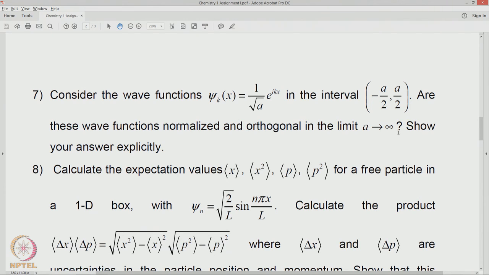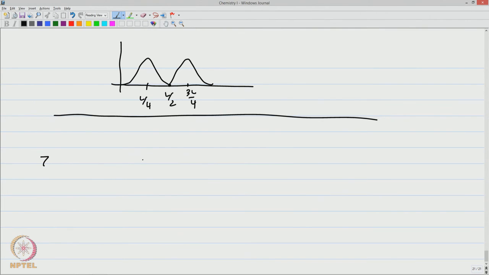Your answer: the first thing is to see whether these functions are normalized. So, psi k of x is 1 by root a e to the i k x, and the region is minus a by 2 less than x less than a by 2.